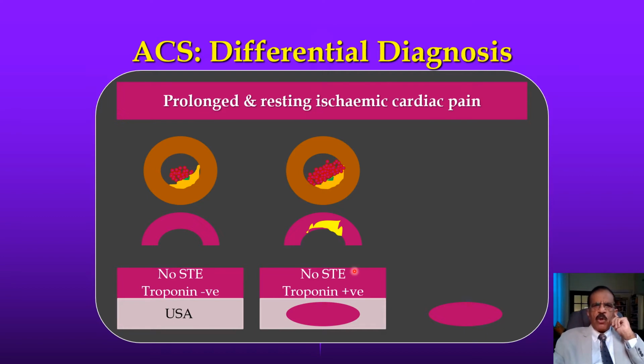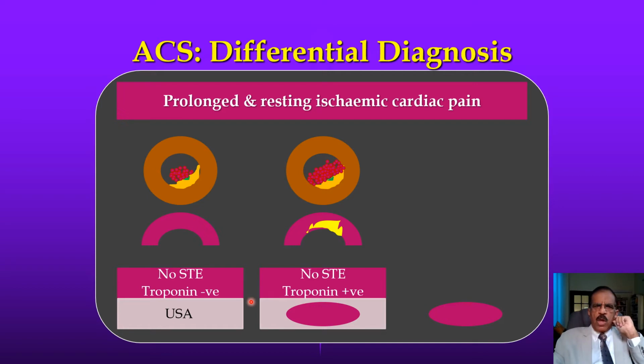Why not? Because the lead placed here would record ECG activity of this viable myocardium, and this part will not cause ST segment elevation. It might cause ST depression. So on ECG you will have no ST segment elevation, but since there has been necrosis, the troponins would be positive.